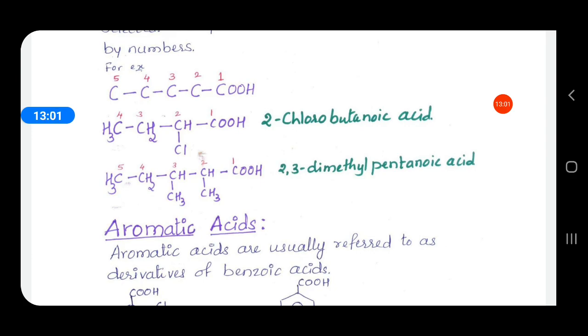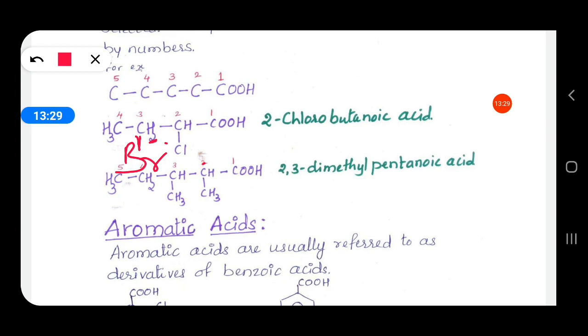We'll take another example which contains different functional groups. Suppose in this 2-chlorobutanoic acid, I add another one, bromo. So it is CH3, CHBr, CHCl, COOH. Then among chloro and bromo, 2 substituents are there.